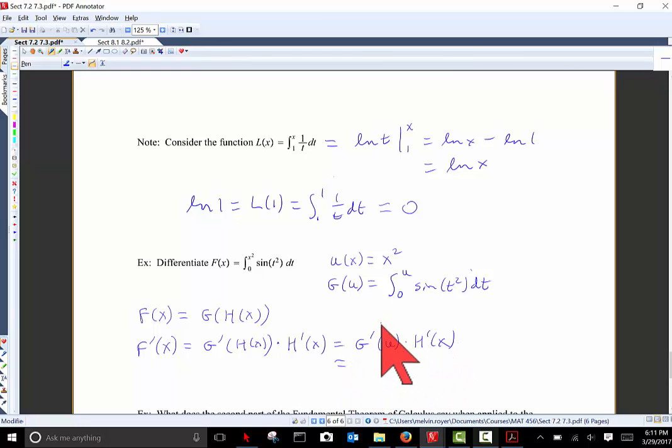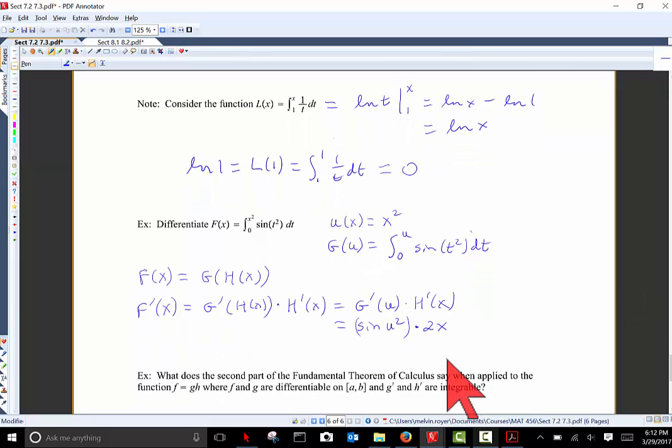And if I work out what these derivatives are, g prime, like we did before, is sine of u squared. It's to take the upper limit of integration and plug it in as the variable of integration. And u prime of x is 2x.